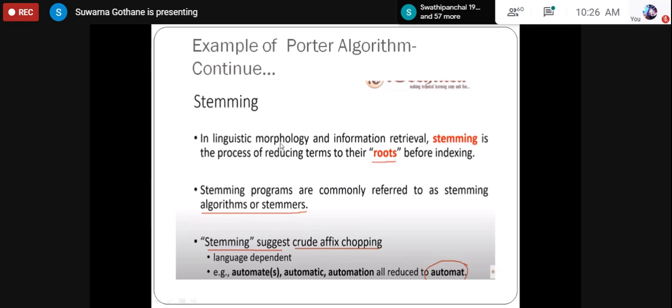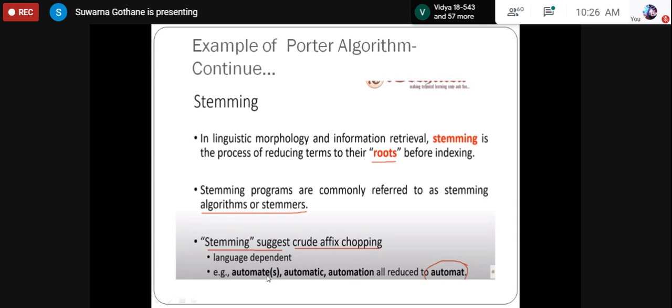So we can define stemming as the process of reducing terms to their roots before indexing. Affix stemming is language dependent.